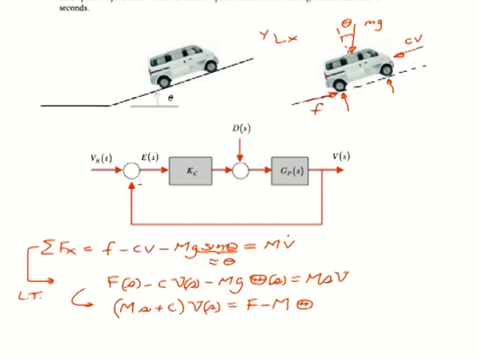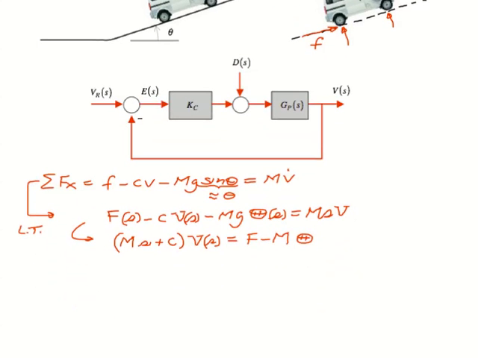I want to get the transfer function between V(s) and the traction force and the disturbance of the inclination of the road, so I'll write V(s) as being 1 over (ms plus c) times (F minus mg theta), which I left off my g here, so please put that into your equation.